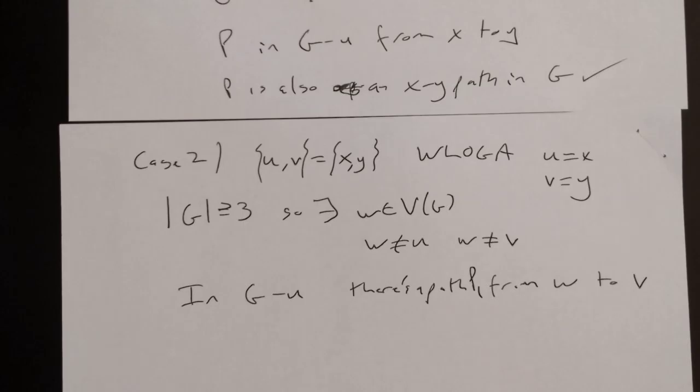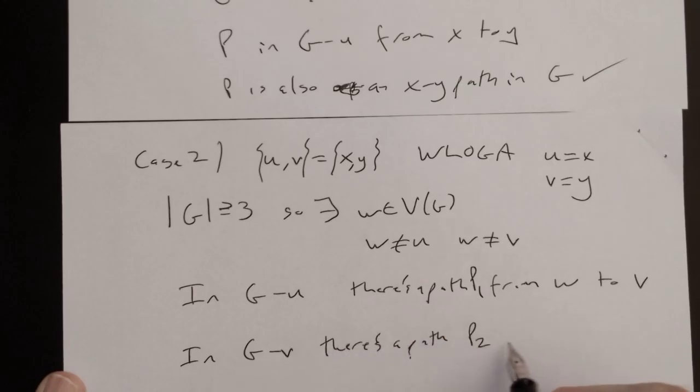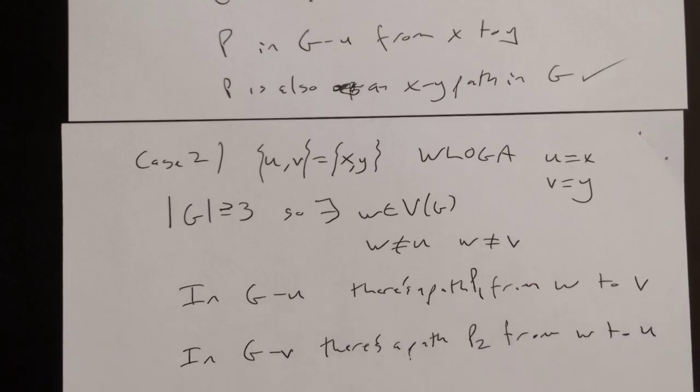Let's do it the other way. Take away V. In G minus V, there's a path, I'll call it P2, from W to U. Again, because G minus V is connected.